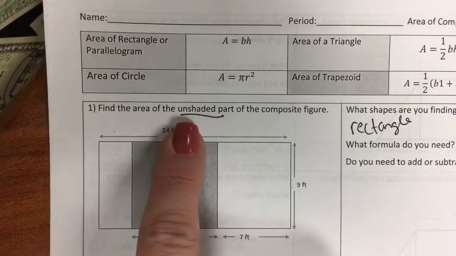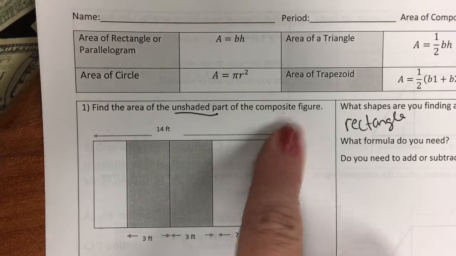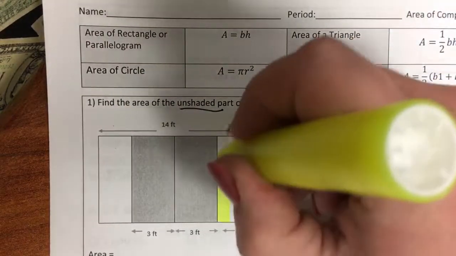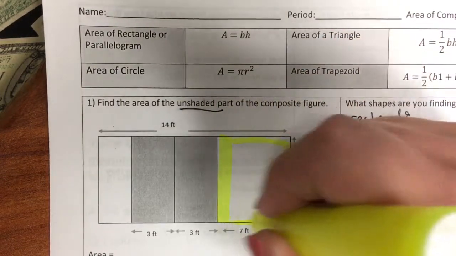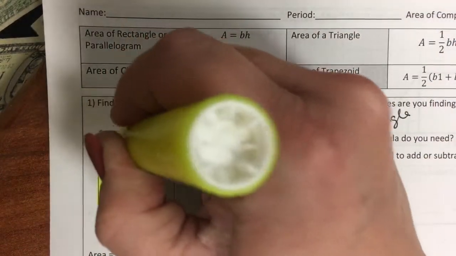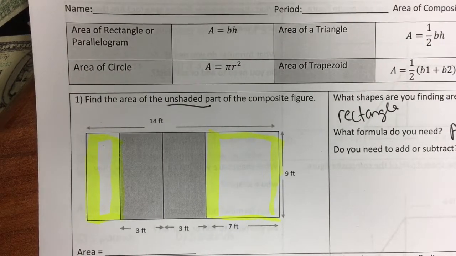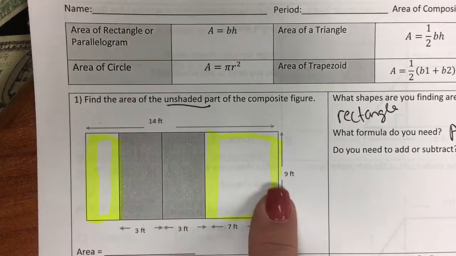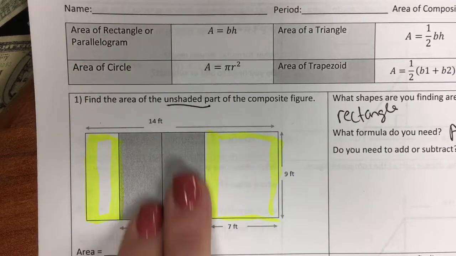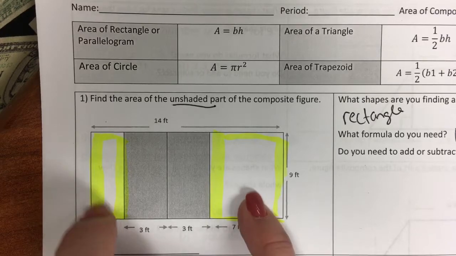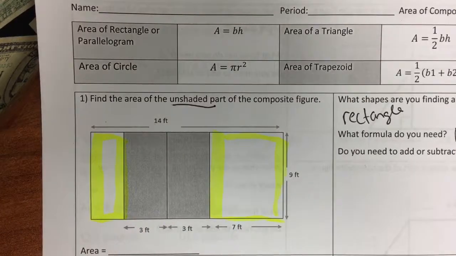Okay, so we want to find the area of the unshaded part of the composite figure. So I need the area of this rectangle and this rectangle. So I can find the area of this larger rectangle and then subtract off the shaded part, or I can find the area of these two rectangles and add them together. Either way will work.